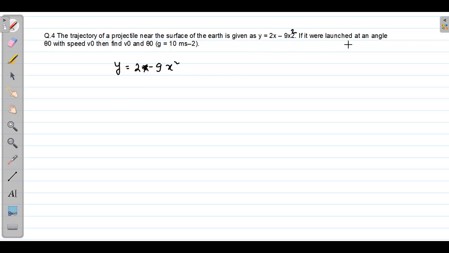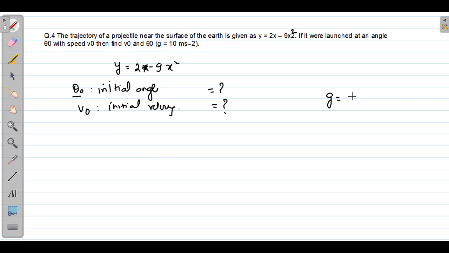If it were launched at an angle of theta 0, so initial angle is theta 0, and velocity is v0, initial velocity. Then find this initial angle and this initial velocity as per the question, and given g equal to 10 meter per second square.